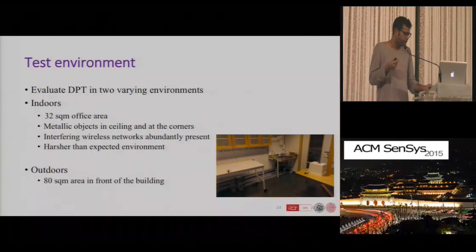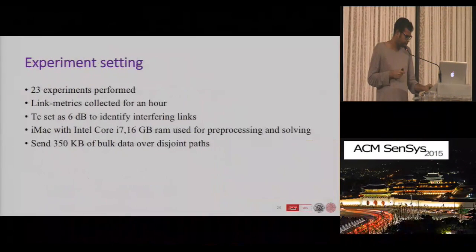We also evaluate our protocol outdoors in an area of about 80 square meters in front of our main building. As our experiment setting, we did 23 separate experiments. We collect link metrics for an hour before we compute the disjoint paths and start the bulk transmission. For the threshold to identify the interfering links, we set the threshold to be 6 TB.